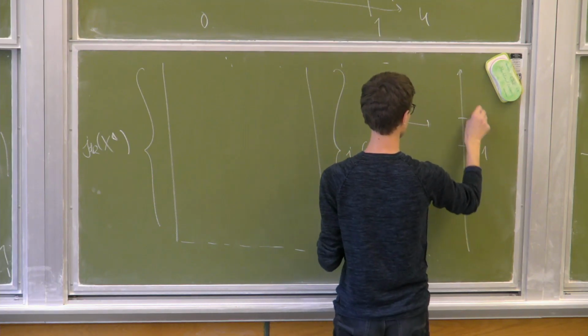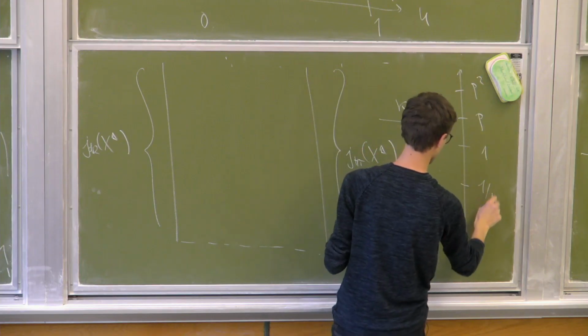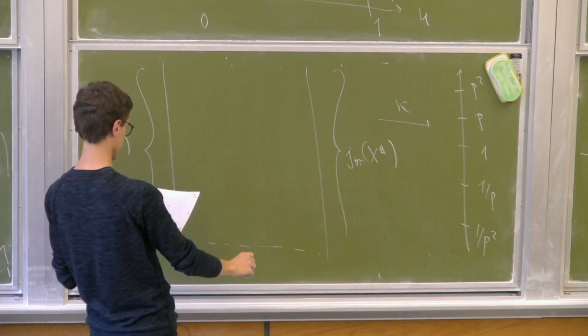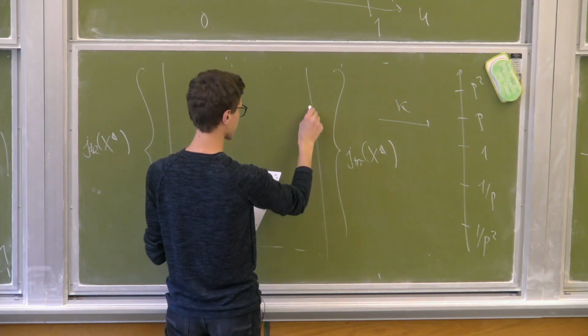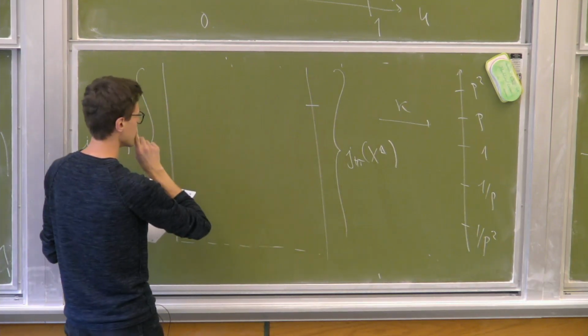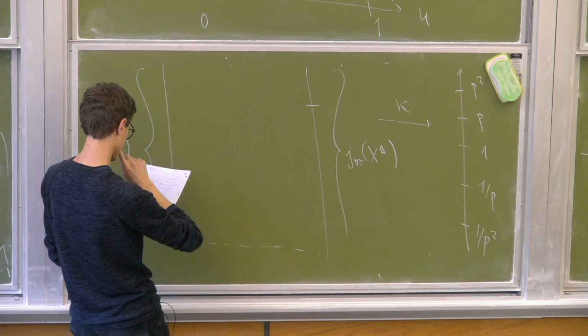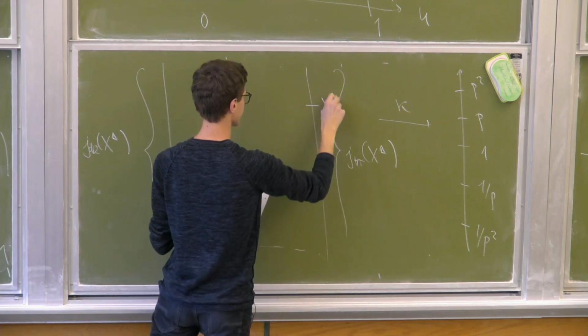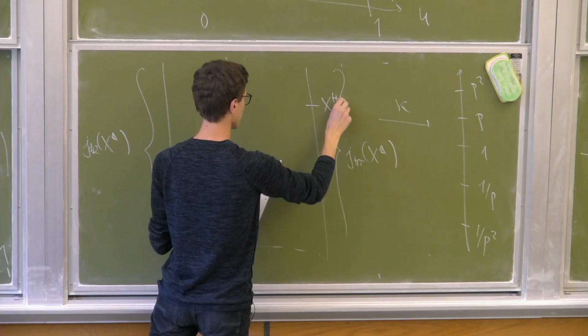I have 1, p squared, 1 over p, 1 over p squared, and be careful here.